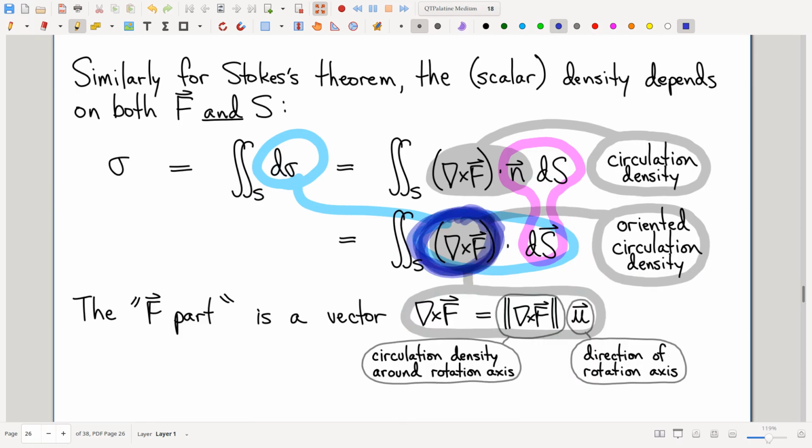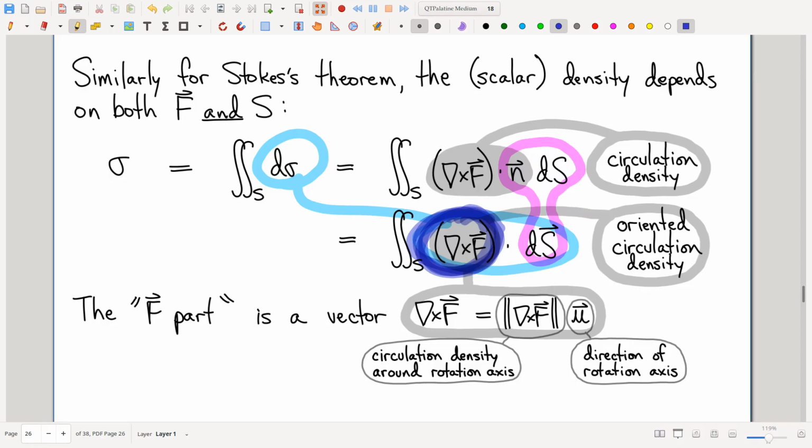Well, we're not multiplying by scalar size. We're multiplying by, again, this kind of oriented size. ds tells us how big the piece of area is, but it also tells us the orientation of that piece of area, just like the dx vector did for length.